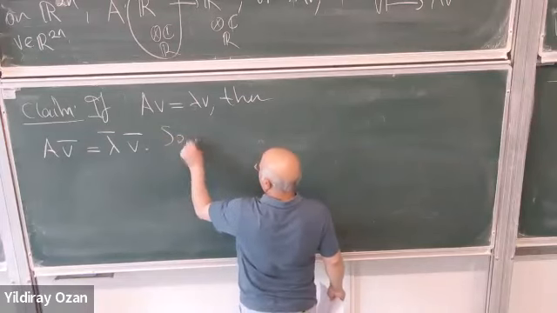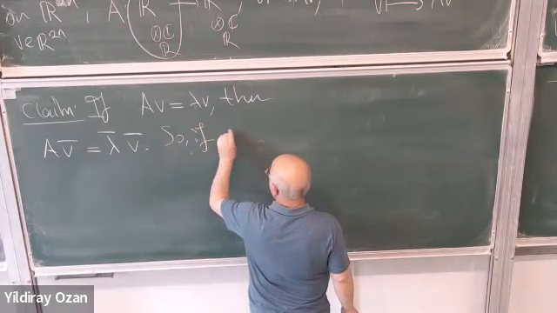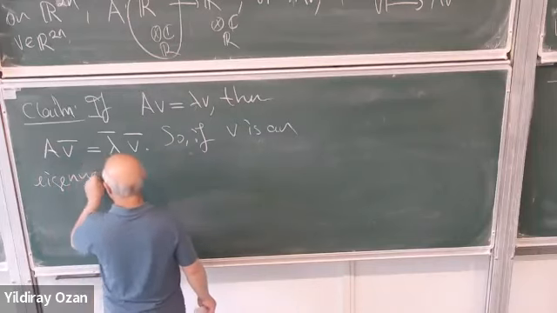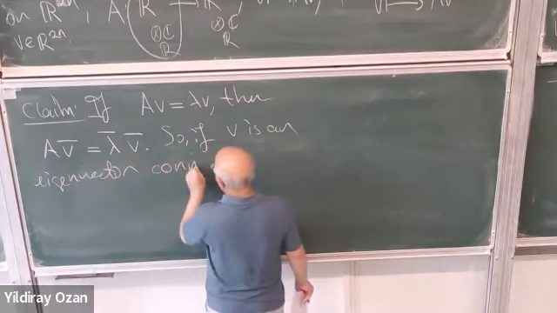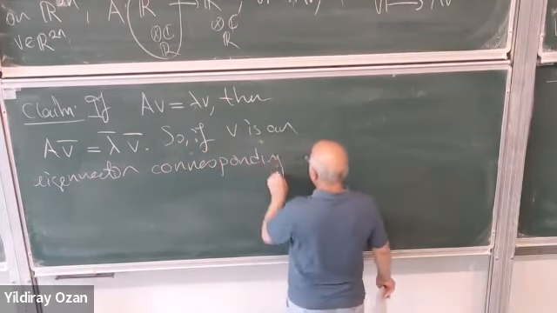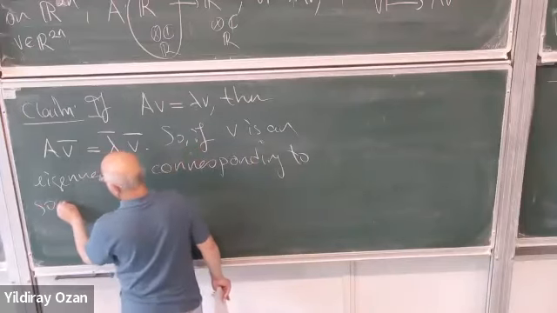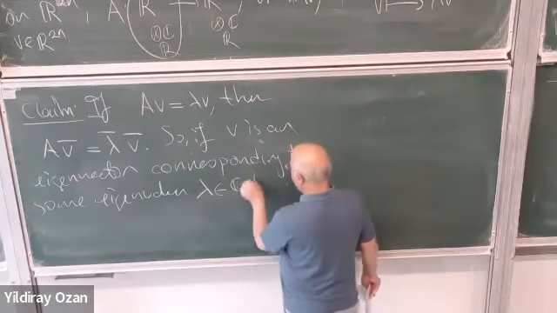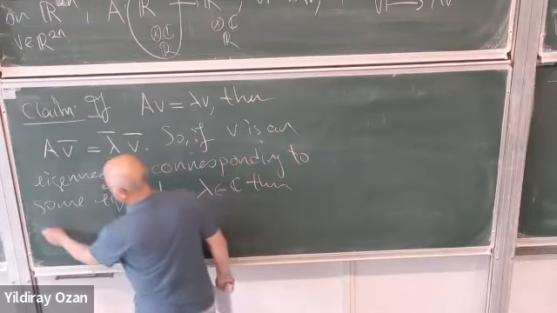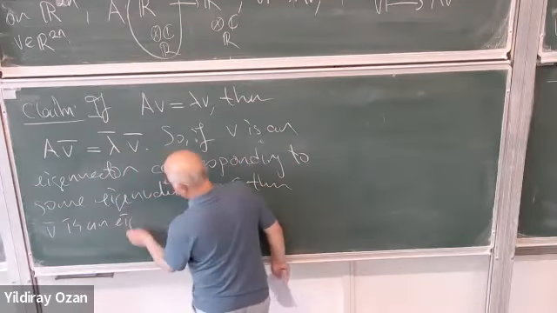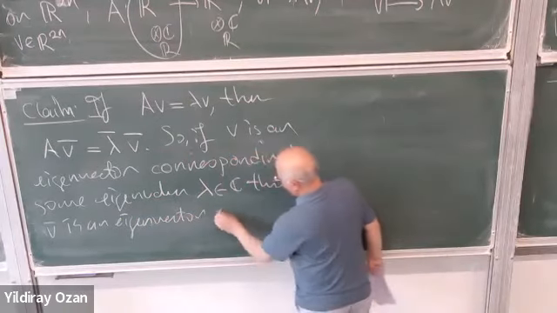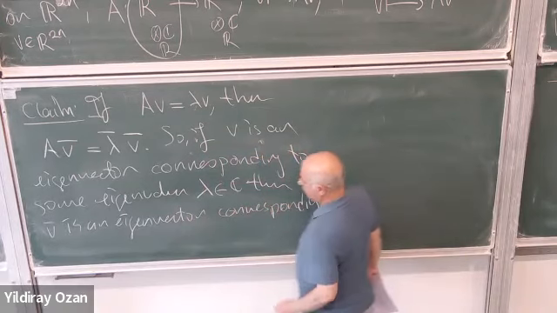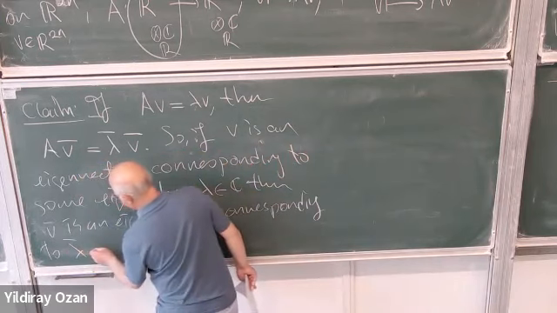So if V is an eigenvector corresponding to some eigenvalue lambda, then V bar is an eigenvector corresponding to lambda bar.